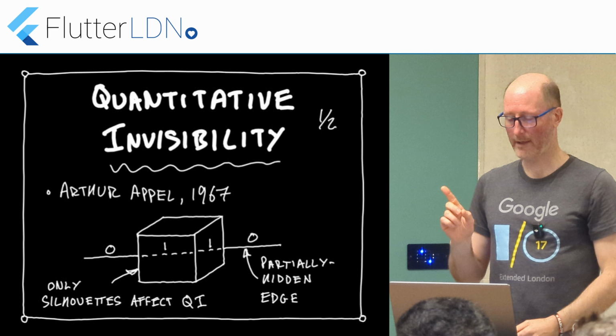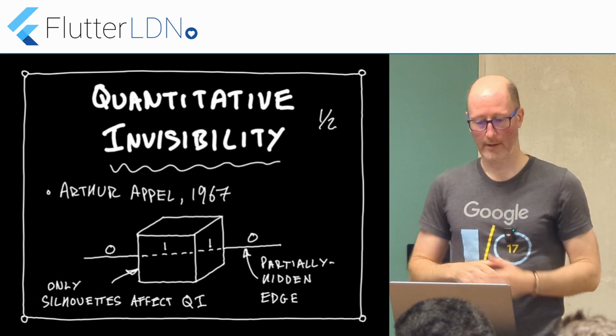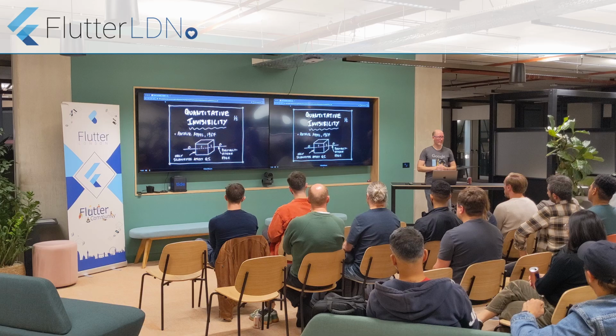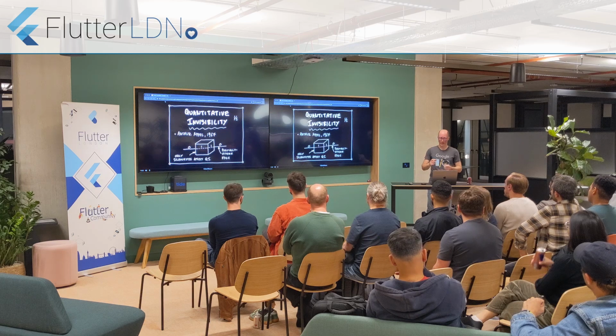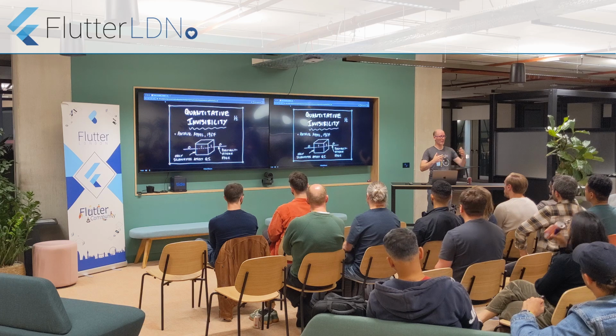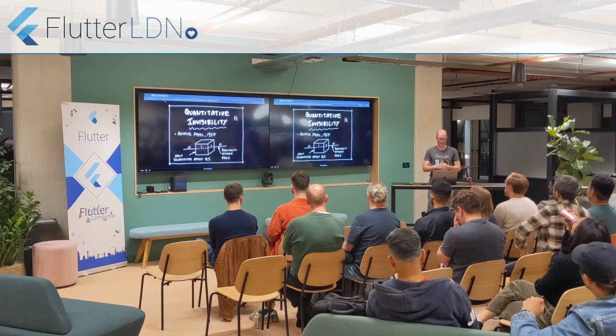Okay, so quick detour. There's a chap called Arthur Appel who worked for IBM in the 60s. He was a researcher, and his team published a paper in '67 about quantitative invisibility, a way to say how lines were shown or hidden in a scene.